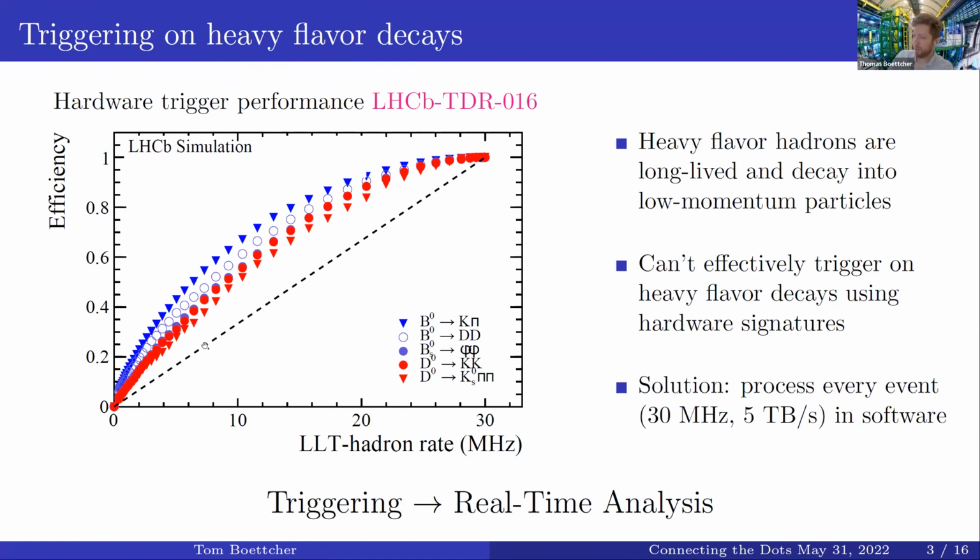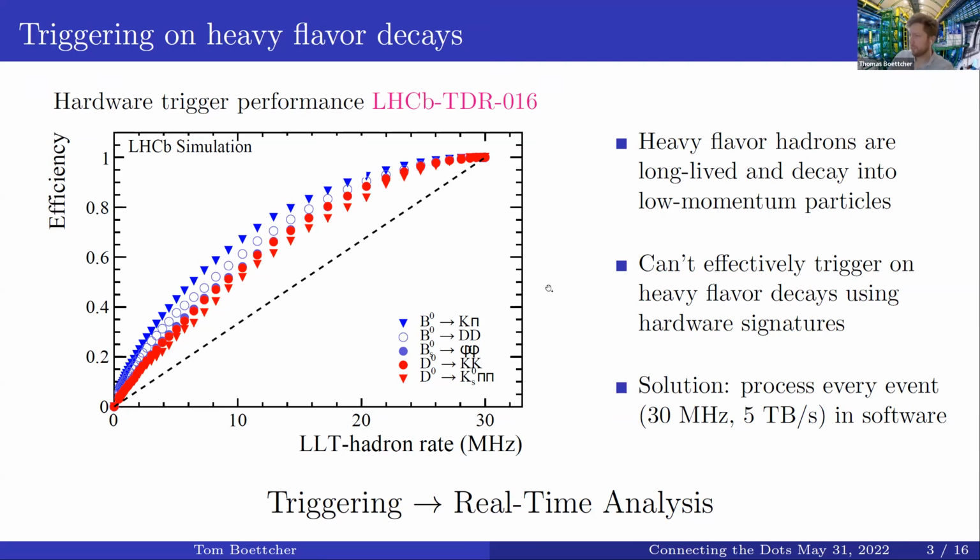We operated a hardware-based hadron trigger at a rate of about 1 megahertz in Run 1 and 2. If we do that again, right in this area of the plot, way down in the lower left corner, we get efficiencies for hadronic charm decays of something like 5%, and hadronic B decays of something like 10%. So this is really very poor.